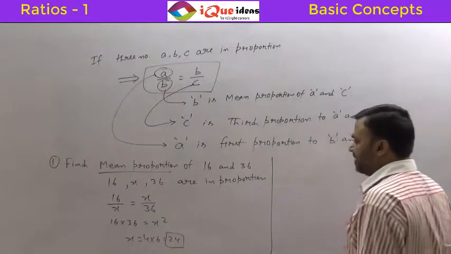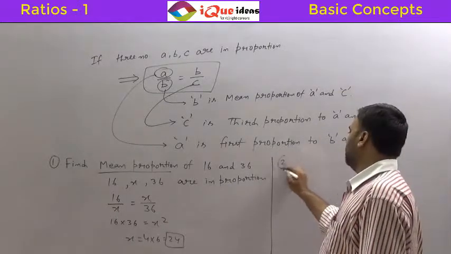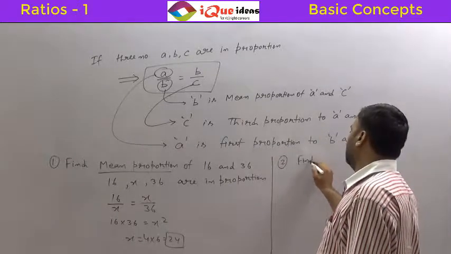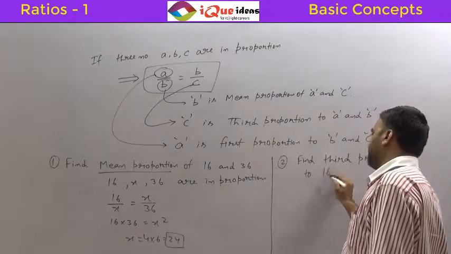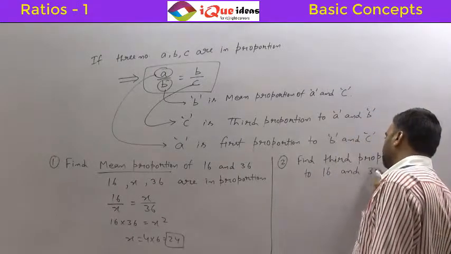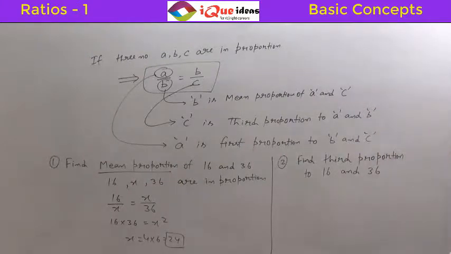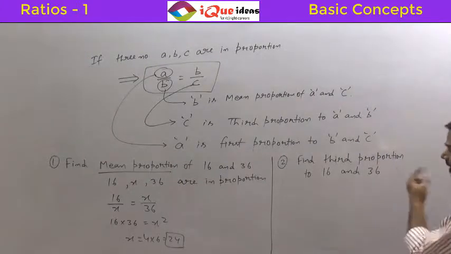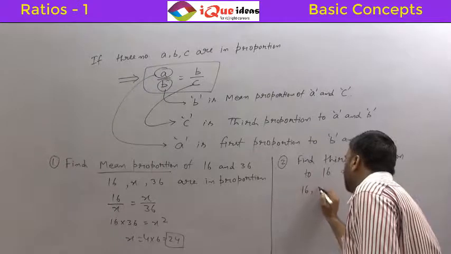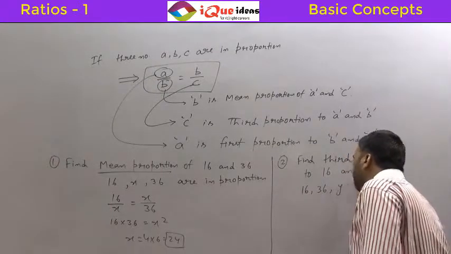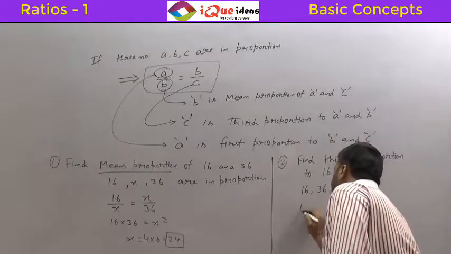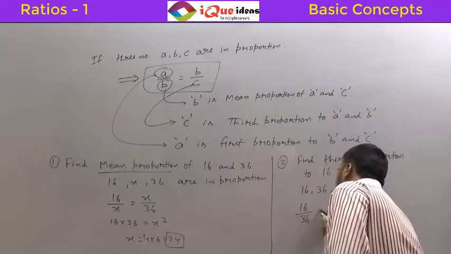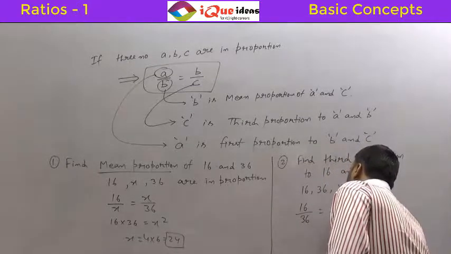But at the same time, if I say find third proportion to 16 and 36, how do you interpret this? Remember, third proportion should come in the end. So we say 16, 36 and then y. Then this y would represent the third proportion. And we write this as 16 upon 36 equal to 36 upon y.